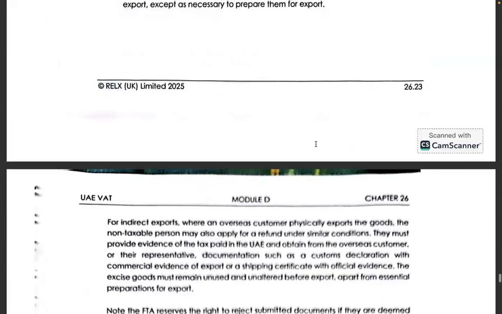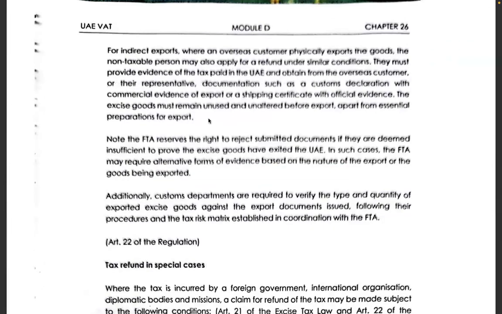Right. For indirect exports, where an overseas customer physically exports the goods, the non-taxable person may also apply for a refund under similar conditions.